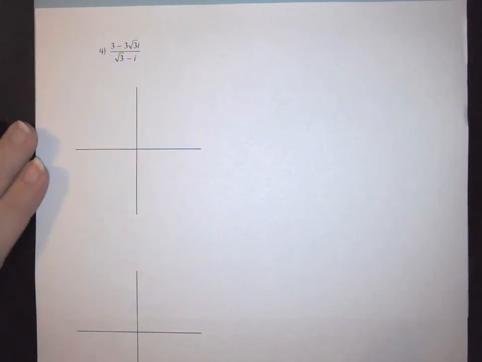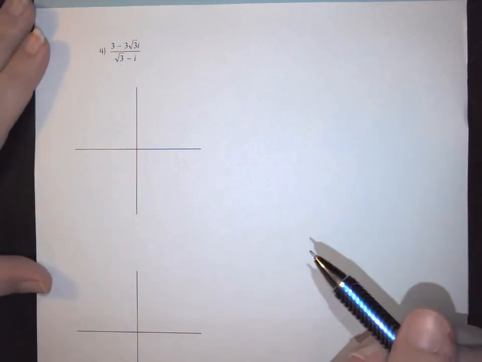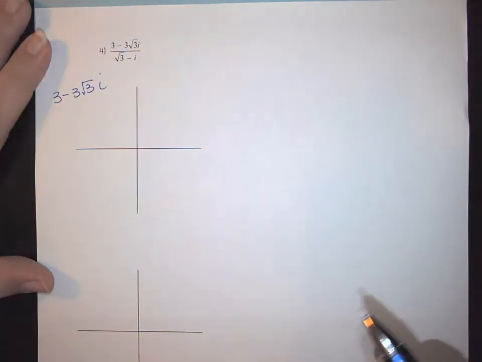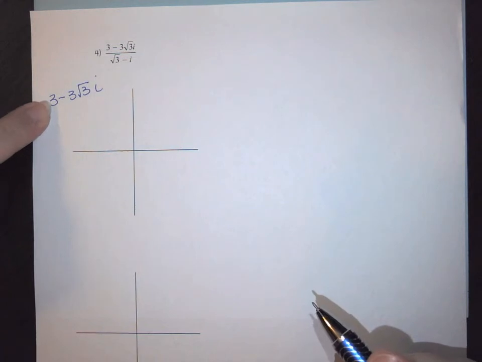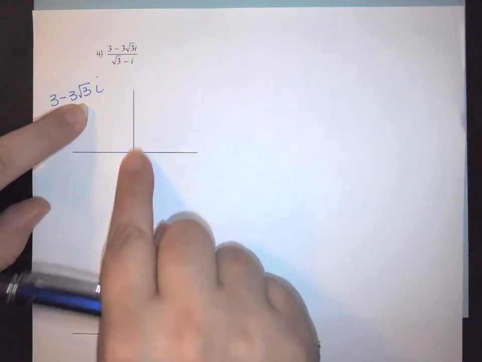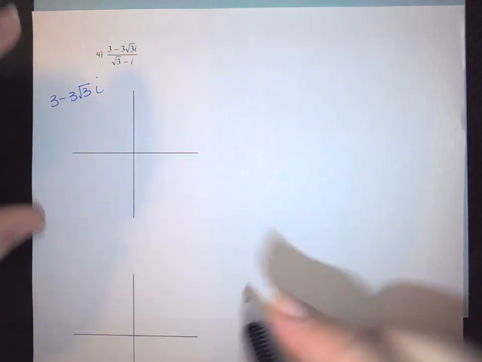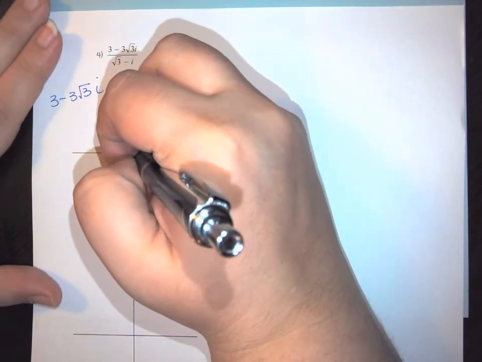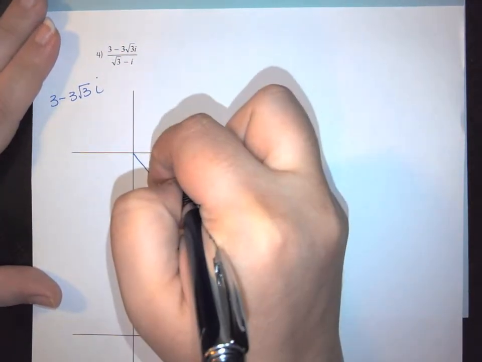So let's go ahead and start with the numerator. And so here we have 3 minus 3 square roots of 3I. So my x term, or my x-axis is positive, my y is negative, so we're going to be down here in quadrant 4. So let's go ahead and just simply drop in our triangle here.